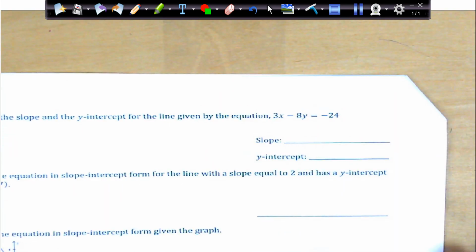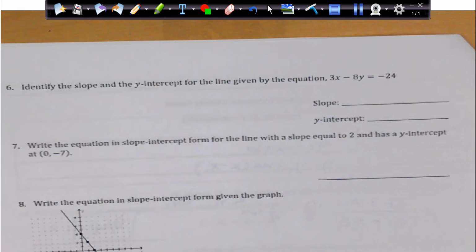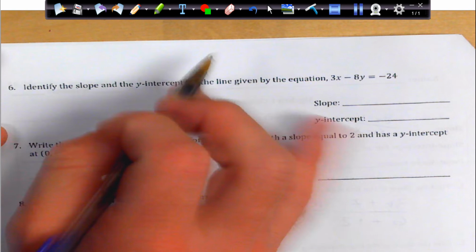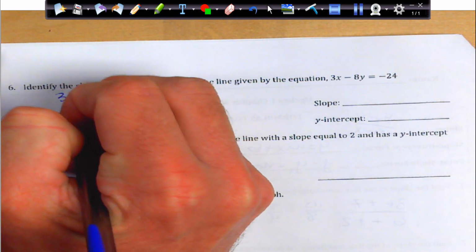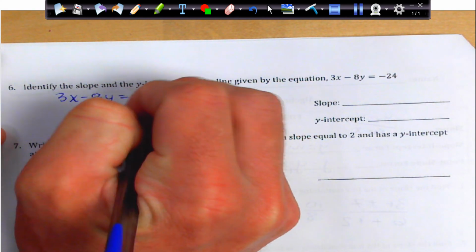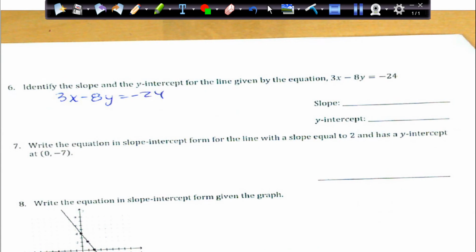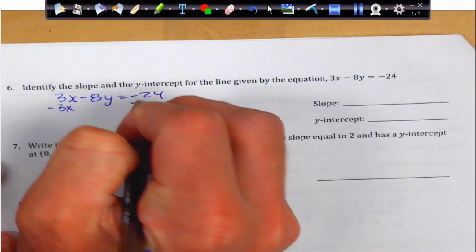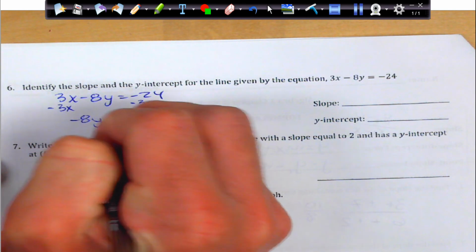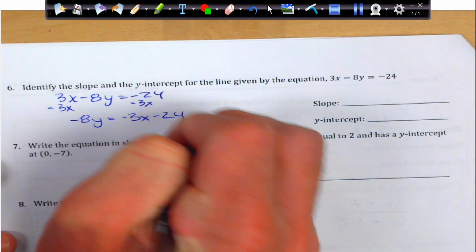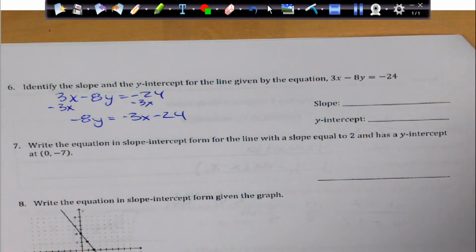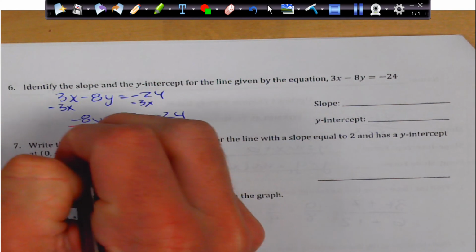Identify the slope and the y-intercept. So we have to solve this for y to get slope-intercept form. To do that, we're just going to subtract the 3x. They don't combine. Then we divide by negative 8 on both sides.